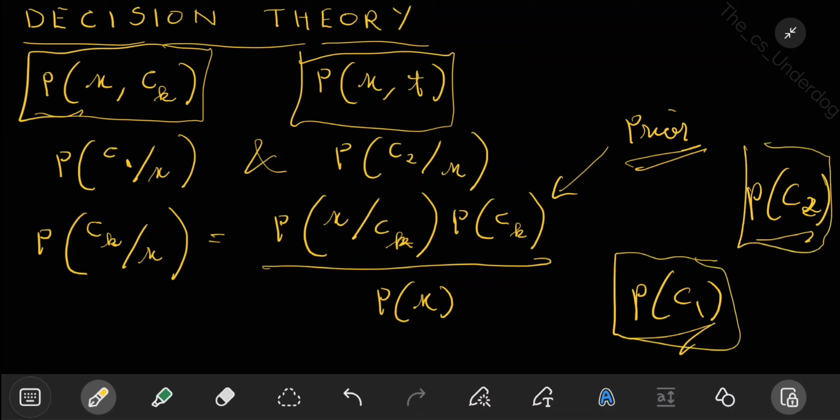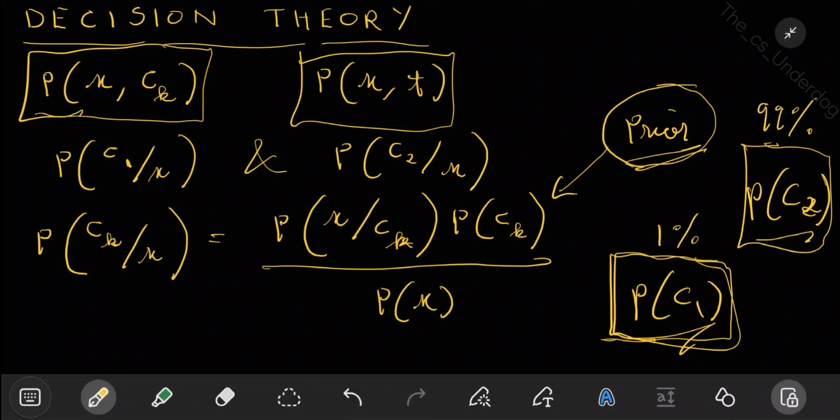In that case, probability of C1 will be very less because chances of enemy, let's say it's only 1%. And let's say 99% chances that there will be a civilian. Let us say this is the general statistic that you have. So from this, you know the prior probability. Before you see the data, you know that probability of C1, that is being an enemy, is 1% and not an enemy is 99%. This you will feed here as prior probability.